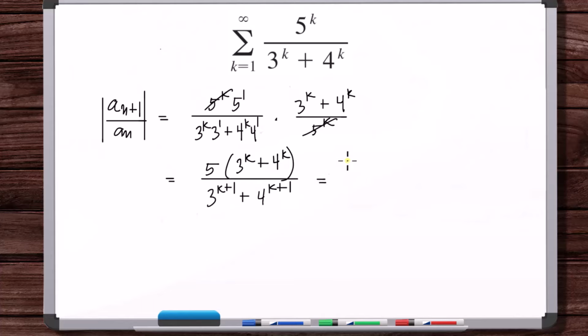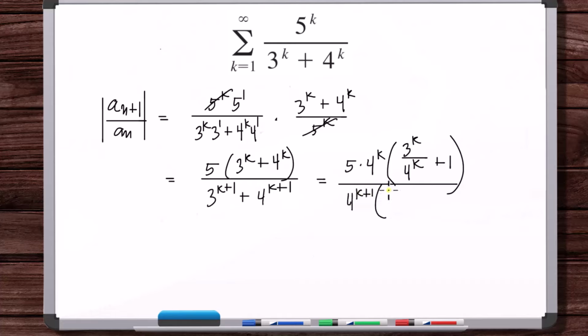Okay, let's factor out a 4 to the k. And then you've got 3 to the k divided by 4 to the k plus 1. And then if we factor out a 4 to the k plus 1, you've got 3 to the k plus 1 over 4 to the k plus 1 plus 1.